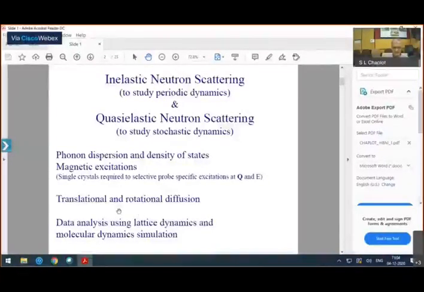We will also discuss translational and rotational diffusion. Well, diffusion in a very general sense. What I really mean is stochastic dynamics. As you know, the diffusion in a solid is very different from diffusion in a liquid or in a gas.